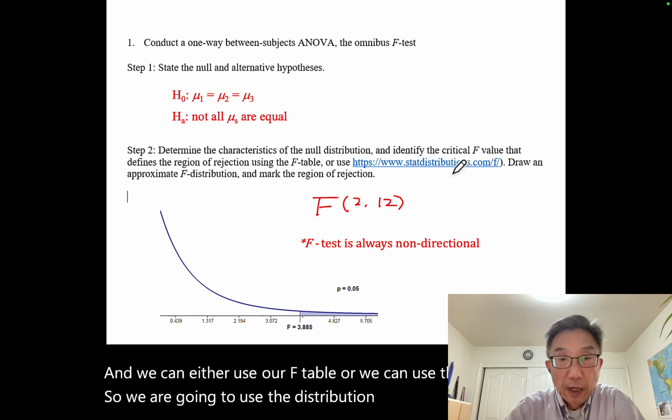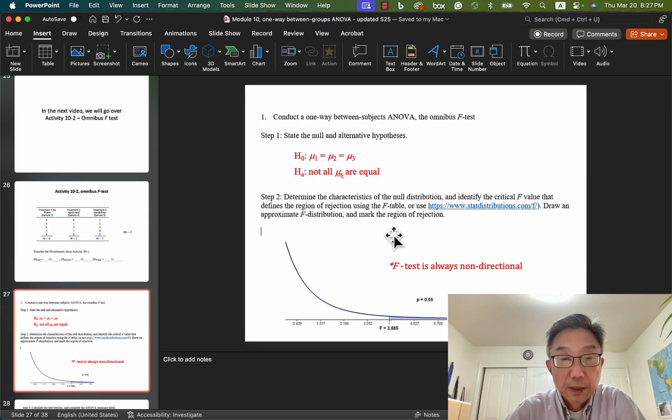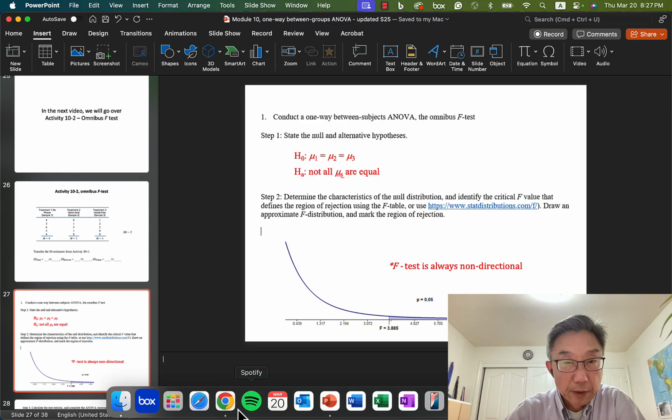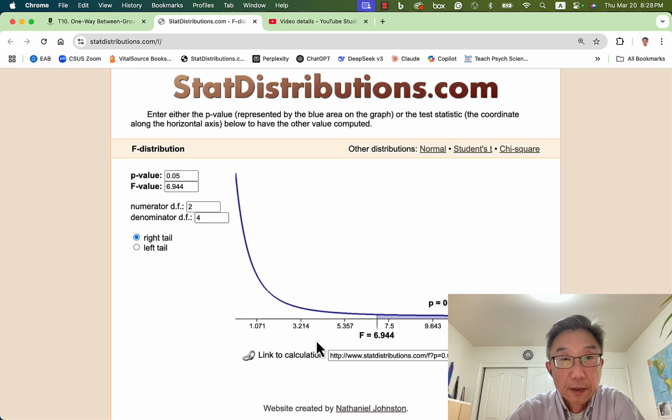So let me exit from this screen just for a second. Let's take a look at the website. Right here under important concepts, there's a link for the F distributions. If you click on the link, the first thing you need to do is specify the degrees of freedom. On this website, it's called the degree of freedom for the numerator.